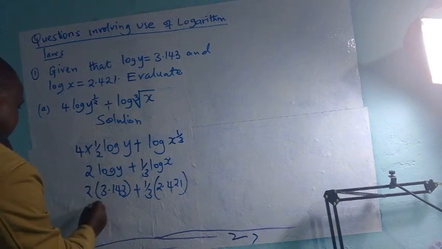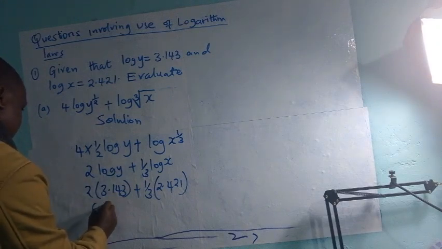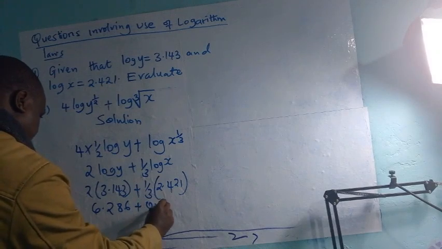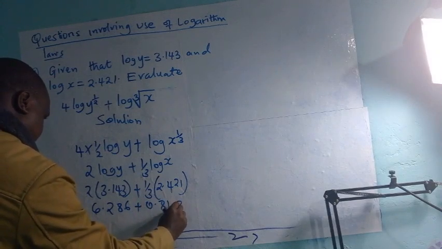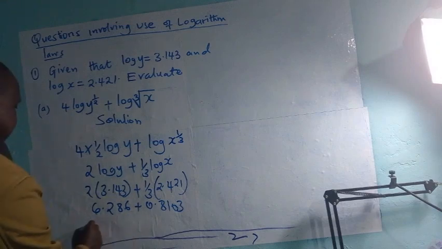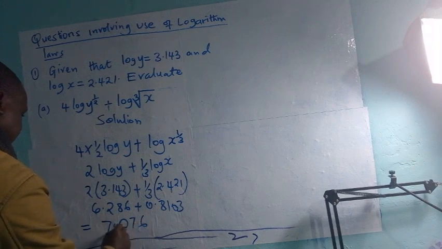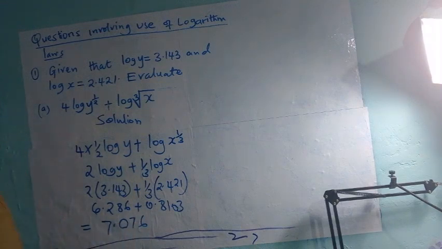So this is 6.286 plus 0.8103. And then you add, and the final answer is 7.0676. So that's how you handle such kind of cases.